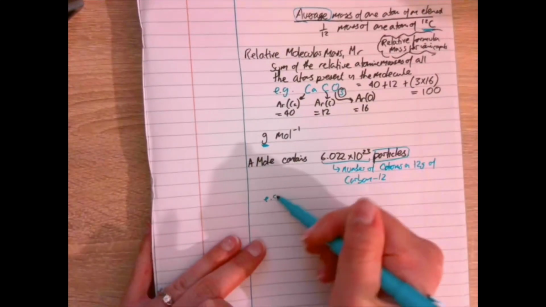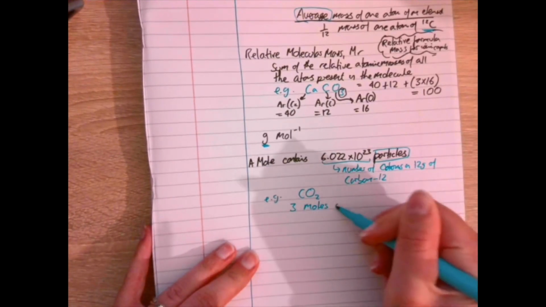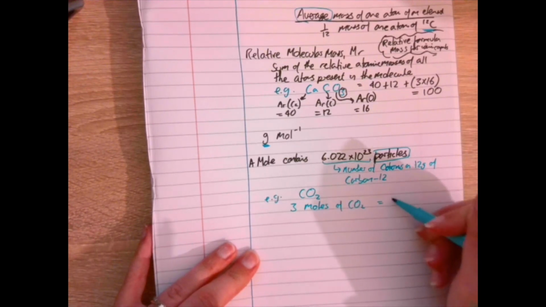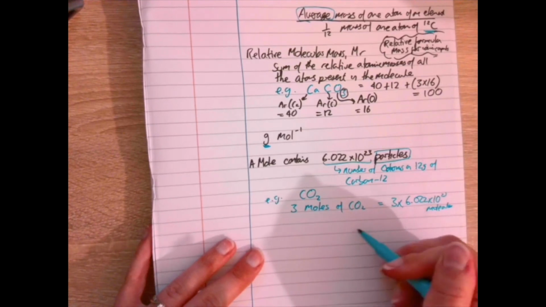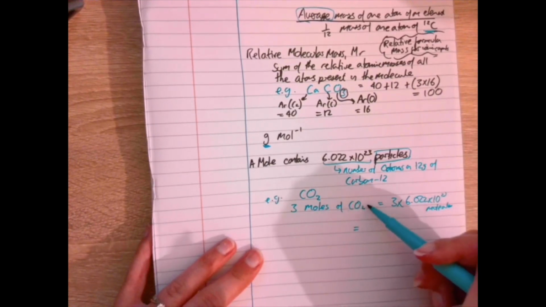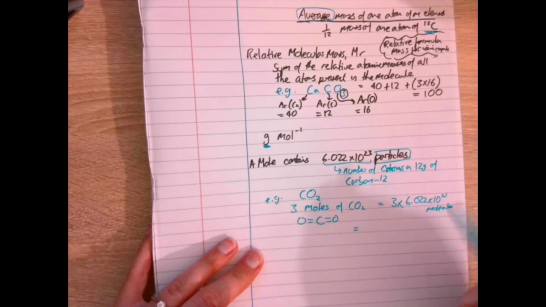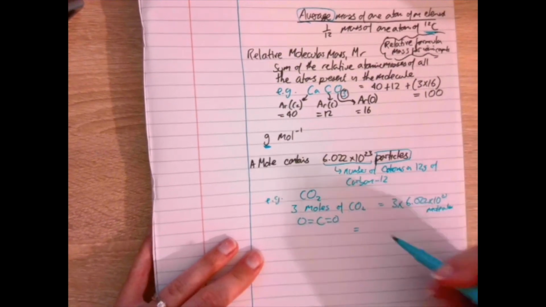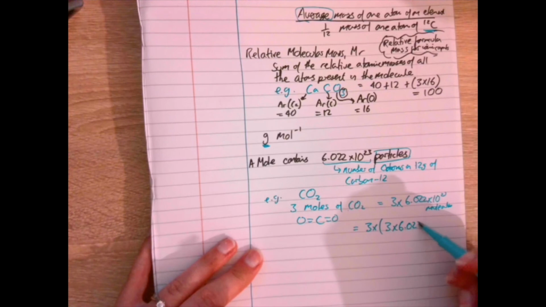In CO2, 3 moles of CO2 is going to be 3 lots of 6.022 times 10 to the 23 molecules. But if I want my number of atoms, in each molecule of CO2 we have 1, 2, 3 atoms. So I'm then going to have to times that by 3 again. So 3 times 3 times 6.022 times 10 to the 23 atoms.